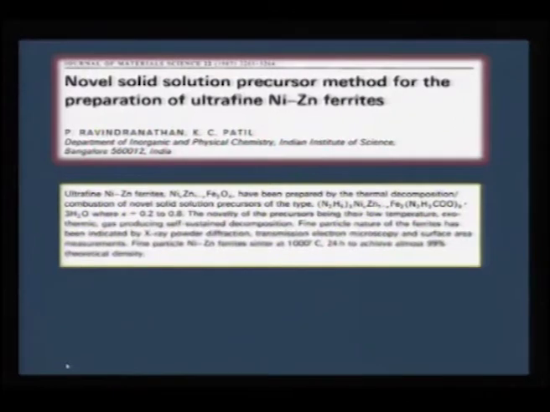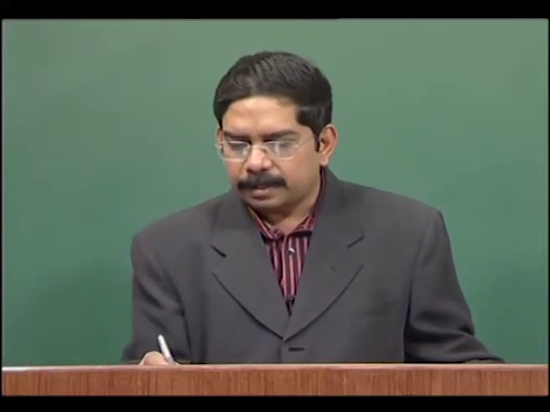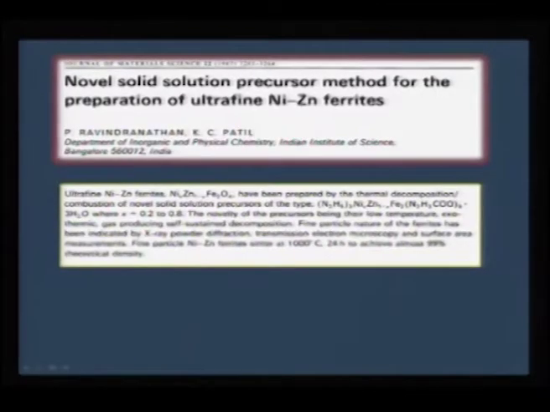If we can make simple spinels, then it is possible for us to make complex spinels also. For example, instead of just zinc ferrite, I can make nickel zinc ferrite, because nickel hydrogen carboxylate, zinc hydrogen carboxylate and iron hydrogen carboxylate all have the same crystal structure.